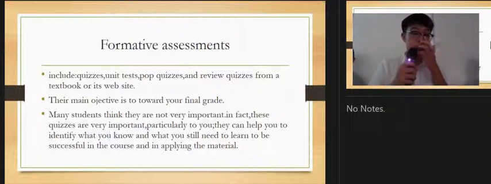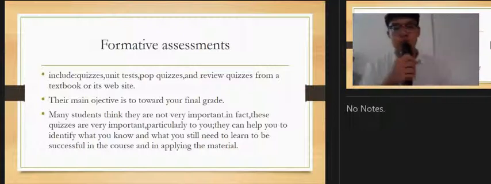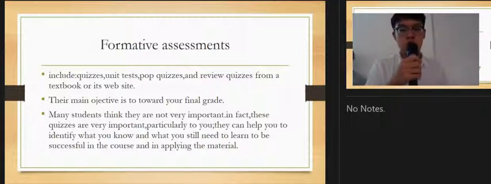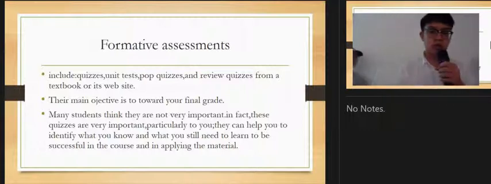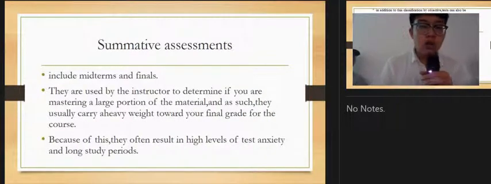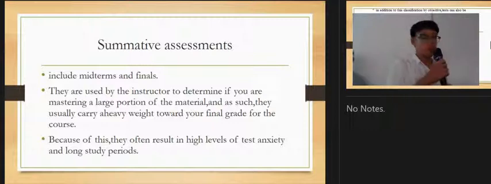Many students think they are not very important. In fact, the quizzes are very important, particularly to you. They can help you to identify what you know and what you still need to learn to be successful in the course and in applying the material. Summative assessment includes midterms and finals.